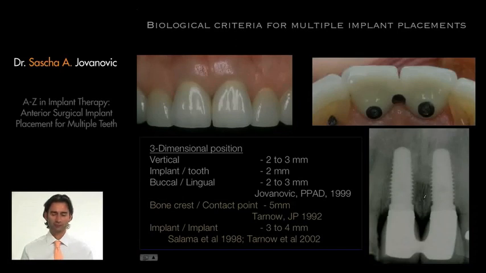or good gingiva. So therefore you can see here that Tarnow and Salama in the past years have brought out some evidence which demonstrates to us that the distance between two implants needs to be increased to about 3 to 4 millimeters. And you can see that very well demonstrated in this particular case, where two implants were replacing two failing central incisors.